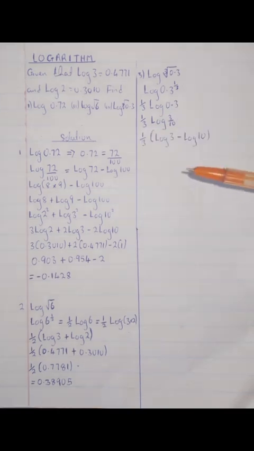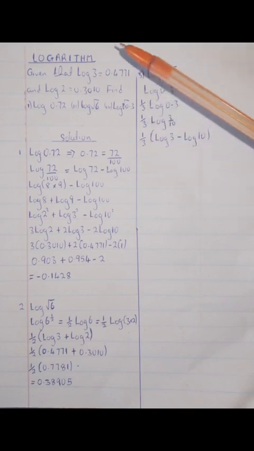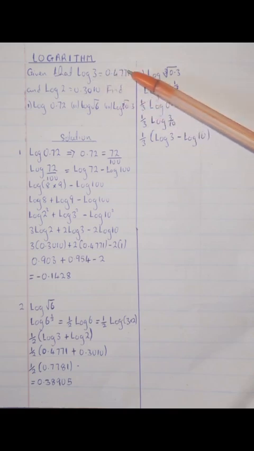So 1 over 3 brackets log 3 minus log 10 is the same thing. If I write it like this, it's the same thing as 1 over 3 log 3 minus 1 over 3 log 10. This is just me expanding it. Now recall, in the equation we are given log 3 as what? 0.4771, and log 10.